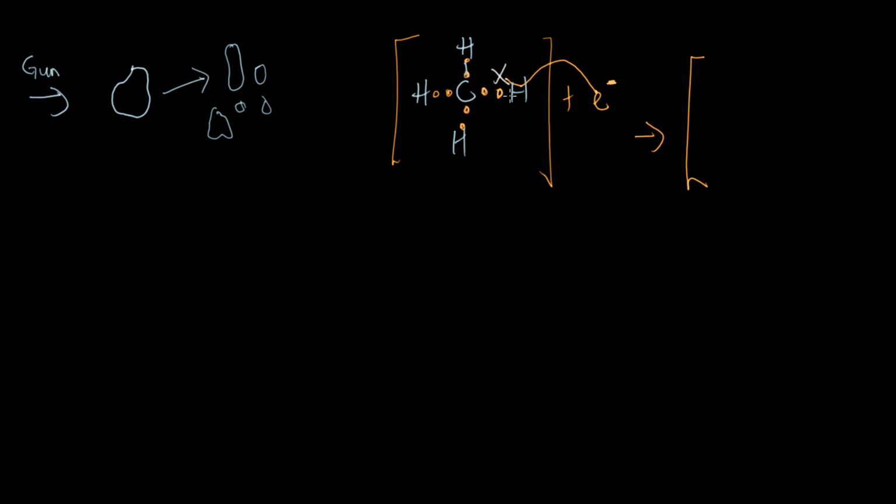So it knocks this one off, and then you are left with C with hydrogens, and a hydrogen here again. So we have this box here, but we've knocked off an electron. This is what is left, and we always represent this with a positive charge and the radical.